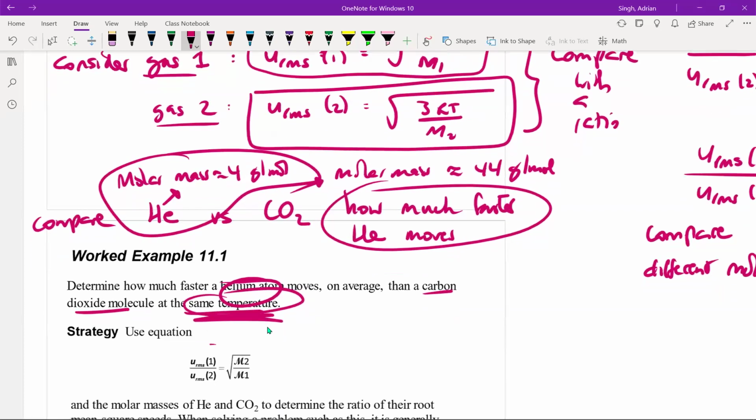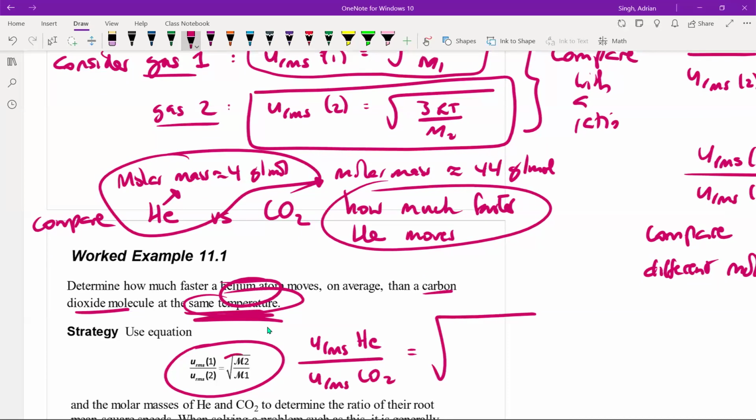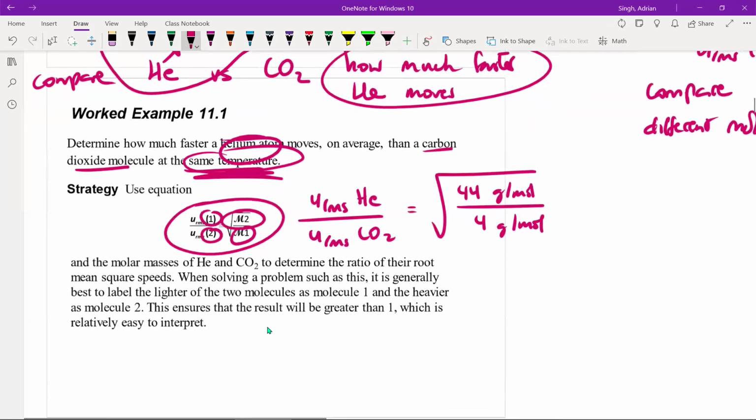So we can use our equation, the root mean square speed of gas 1, we'll say helium, compared to the speed of CO2 would be equal to the square root of the molar mass of gas 2, which is CO2, which we said was 44 grams per mole, divided by the molar mass of gas 1, which is helium, which is 4 grams per mole. Obviously here, the grams per mole cancel out, so we end up with the square root of 44 over 4, what, 11?